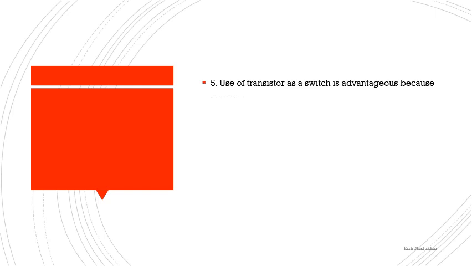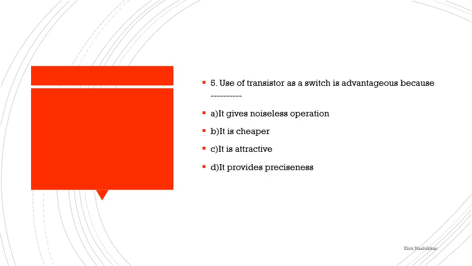Then, use of a transistor as a switch is advantageous because it gives noiseless operation, it is cheaper, it is attractive, it provides preciseness. So this is one of the advantages of using a transistor as a switch, and the circuit is shown here. Whenever we discuss a switch, we know that we get two states, that is on and off.